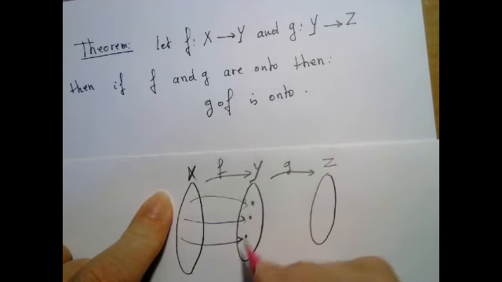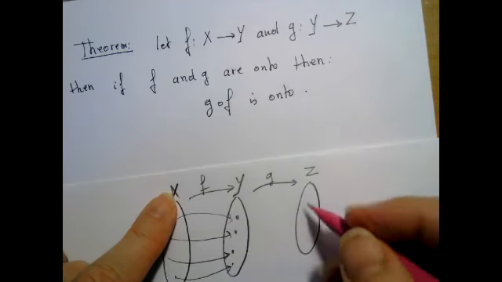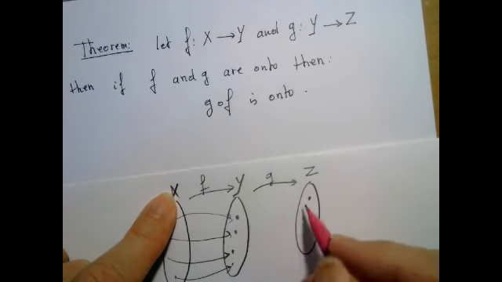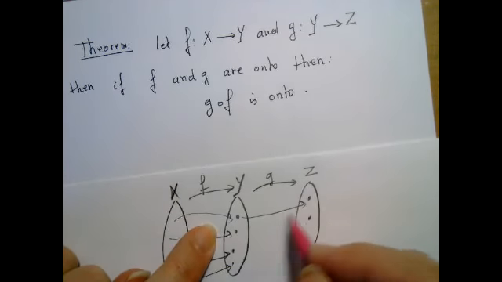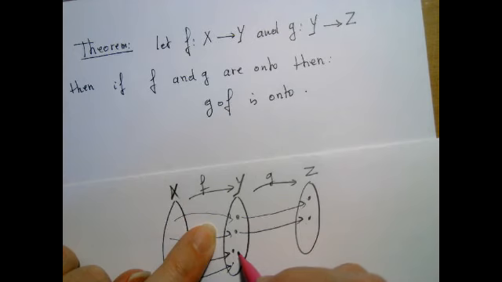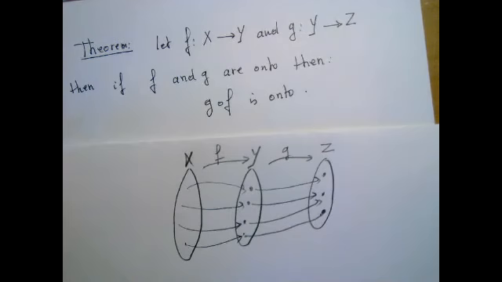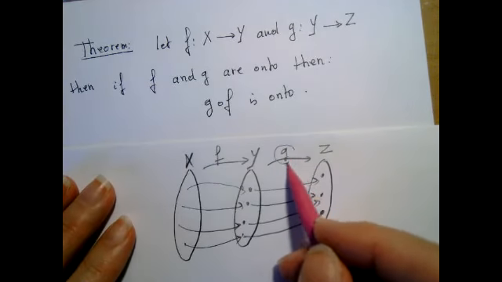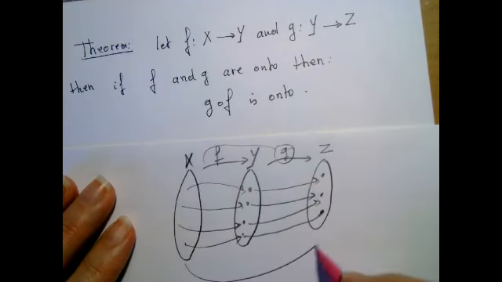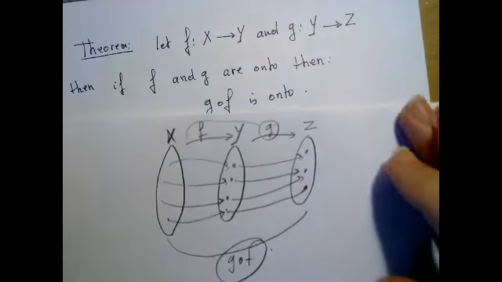That's really what it is. Anything here has to come from somewhere. Z has the same property. Everything here comes from somewhere. So something like that. Okay, everything is here. Now my question is that under those conditions, I want you to convince me that G composed with F will also have the same property.